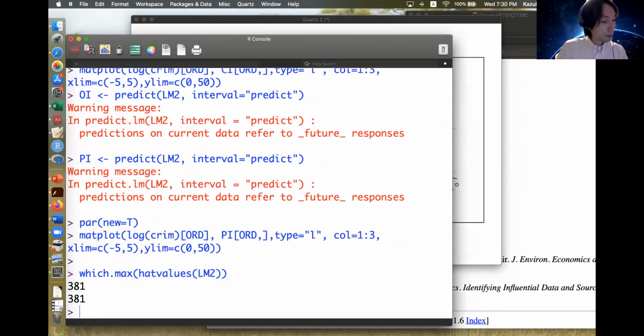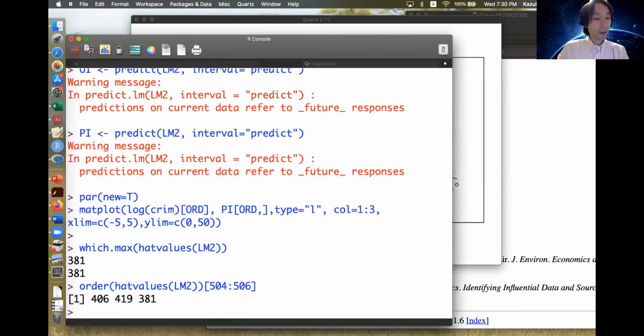Or if you want to see several larger values, of HAT values, then we have 506 observations. So the largest three HAT values, the largest three leverages, are given by the 406th observation, the 419th observation and the 381st observation.